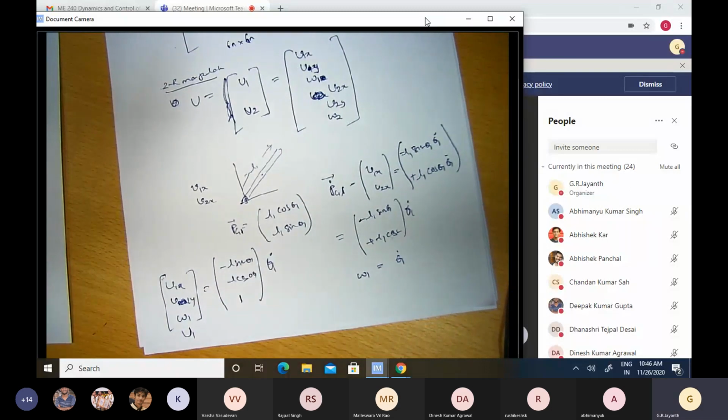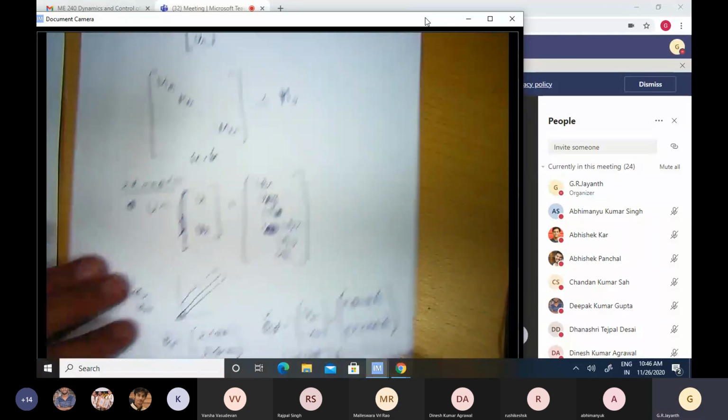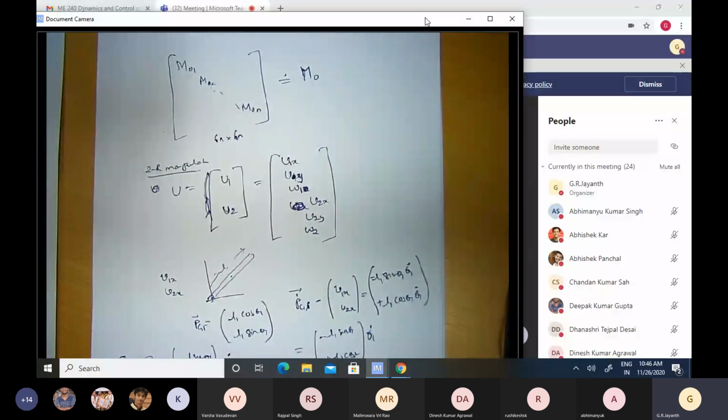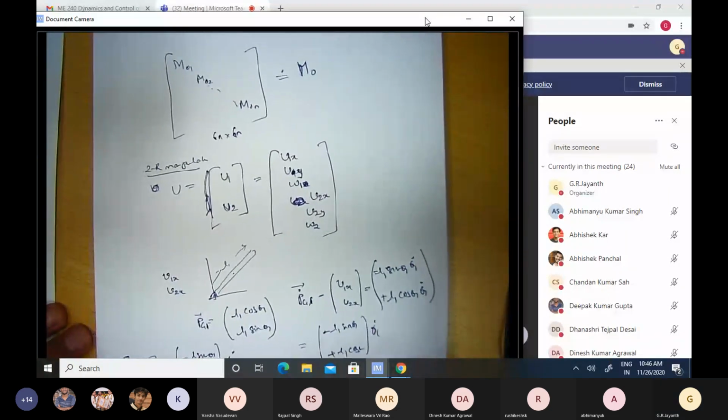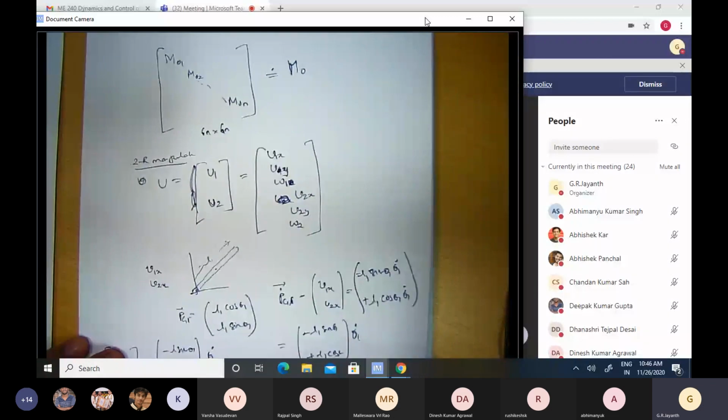Similarly, I can undertake the same kind of mathematics for the linear translational velocity and angular velocity of the second rigid link also. I don't want to do the steps, but I will write down the final expression.